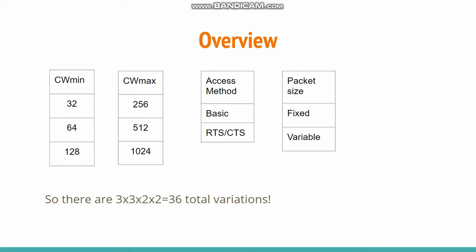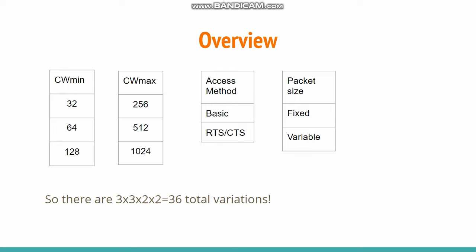So to give you an overview of the number of variations that were studied in this experiment, we can see that the contention window has a minimum of 32, 64, or 128 bytes, and the maximum of the contention window can be either 256, 512, or 1024.